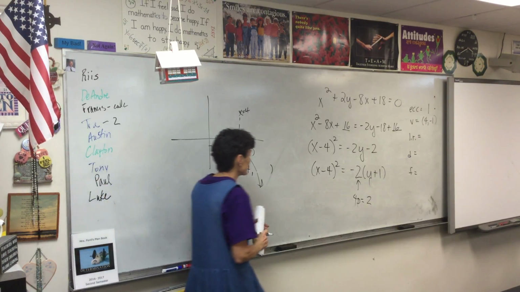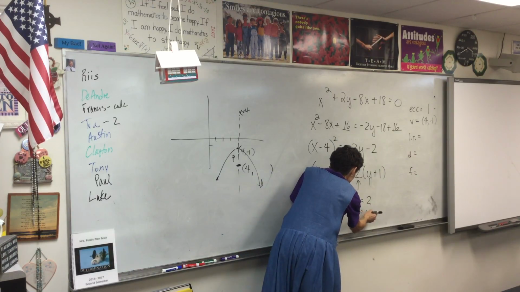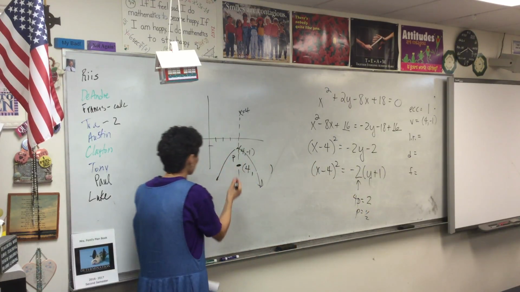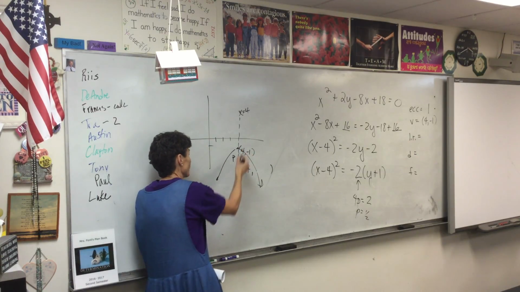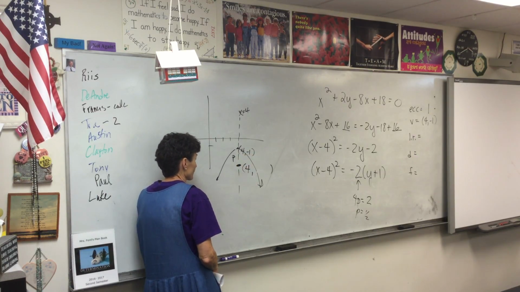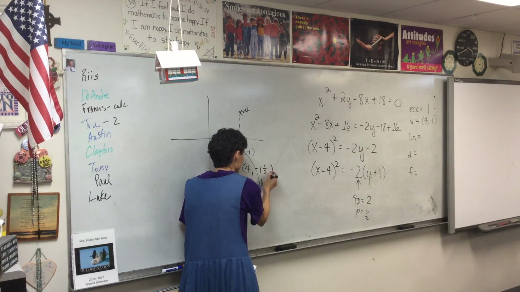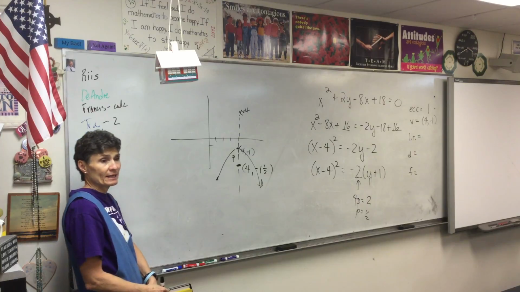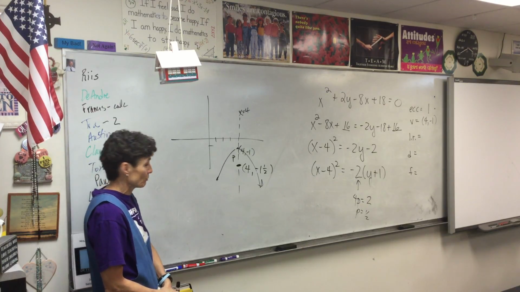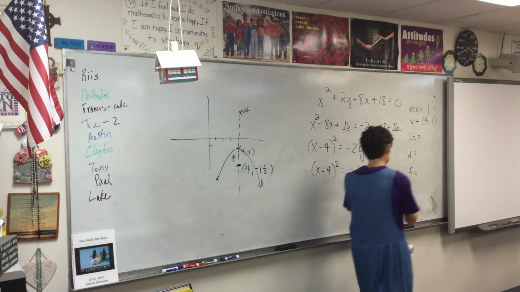So if 4P is 2, then P is a half, which means I'm going to come down a half from my vertex. So if I do that, where will I be? Negative 1.5. And you're free to use a mixed number. You can make that negative 3 halves. You can make it negative 1.5. Whatever you're most comfortable with. That's your focus.